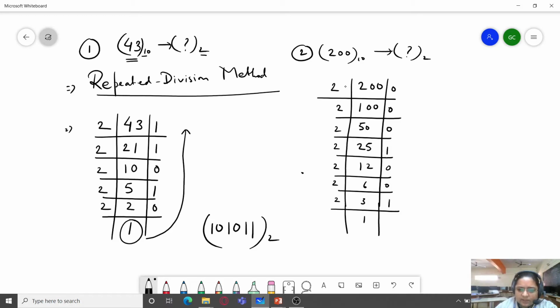Again we will be collecting all the remainders from here: 1 1 0 0 1 0 0 0. So this becomes the binary equivalent of 200.